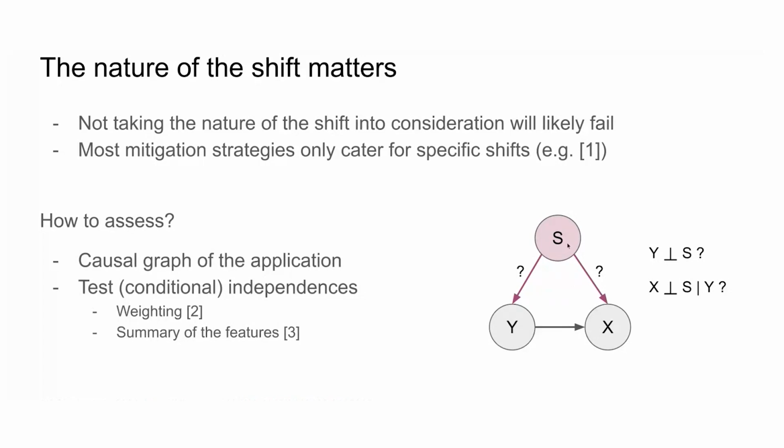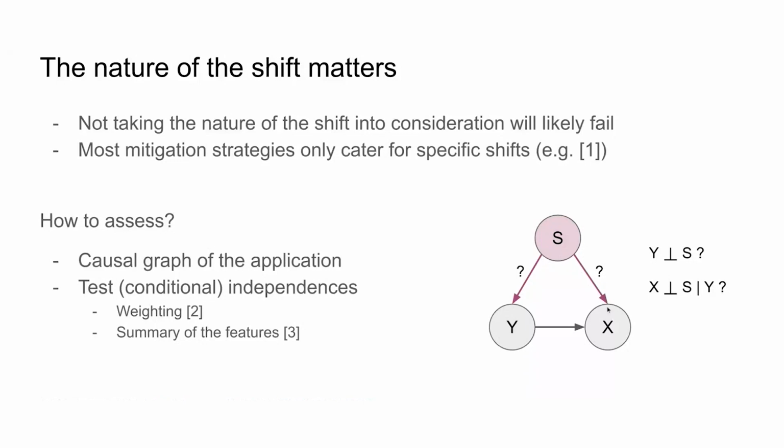And so the first thing I do is start with the effect of the environment on my label, because it's easier, because this variable Y doesn't have any other parents. And so I can test directly whether Y is independent of S or not by doing simple t-tests of Y in both environments.